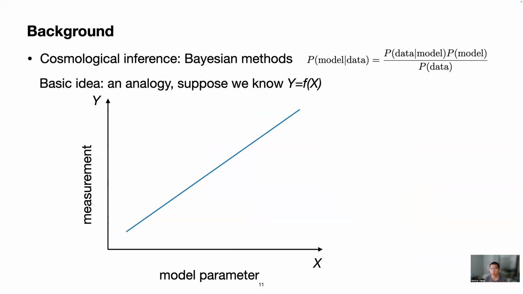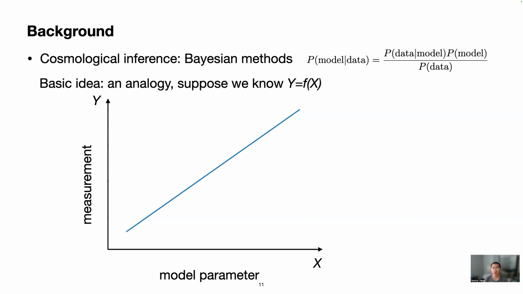How do we infer cosmological models in practice? Usually, Bayesian methods are used. I'm not getting into details of a real pipeline here, but let me explain the basic idea using a simple analogy. Suppose we know a function, or we say mapping between x and y.